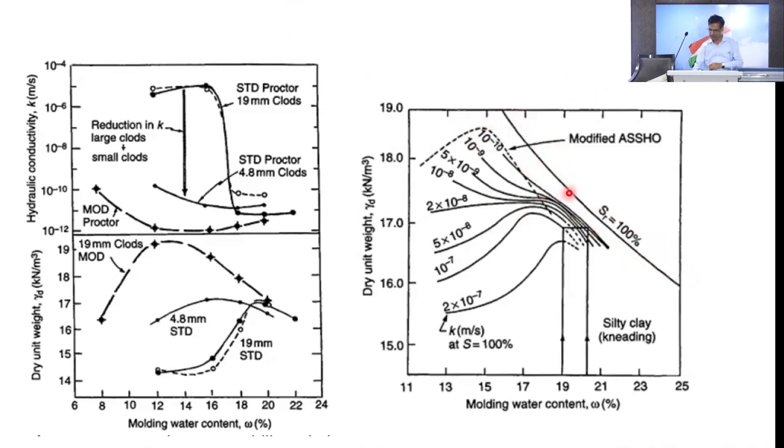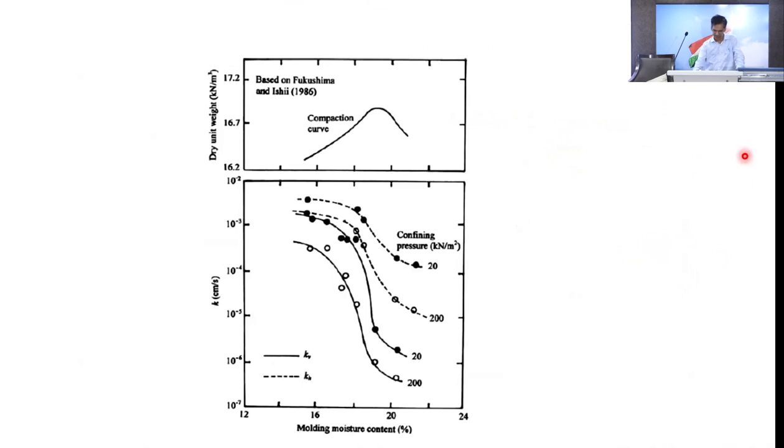Suppose this is a specific gravity of 2.6; if I take 2.8 it will come here, and so on, it will go this way. That's why I was saying specific gravity plays a big role in terms of voids, particularly in tailings.